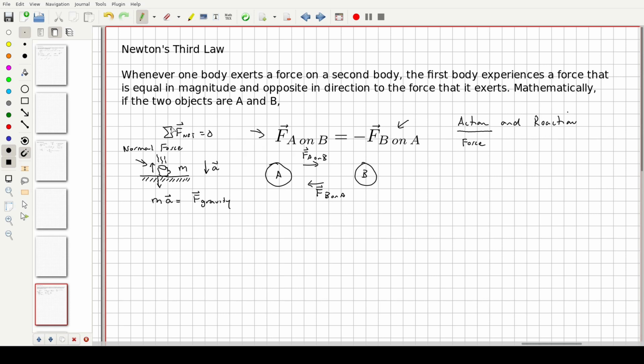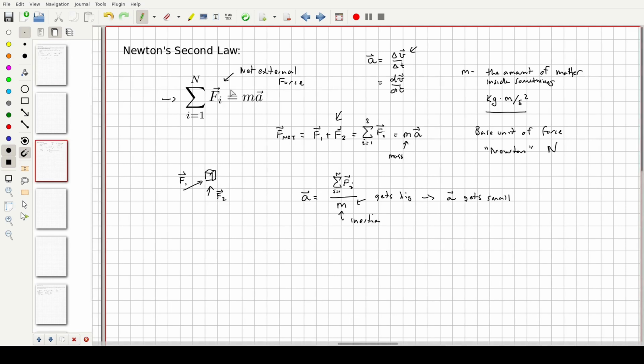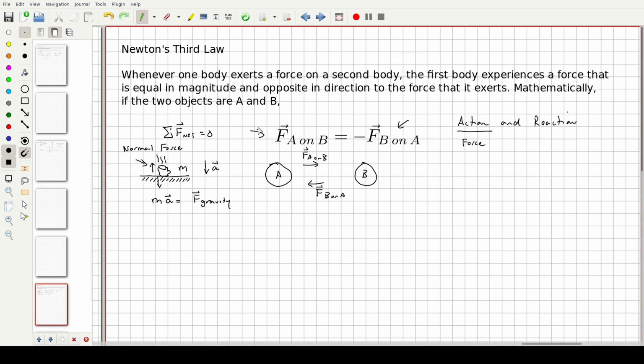So here's what we have. We have three laws. A diagnostic law that tells you the conditions under which you see things experience a change in their motion. Then we have a law that tells you what causes that change in motion, forces. Then we have a law like this, which explains how objects interact with each other.